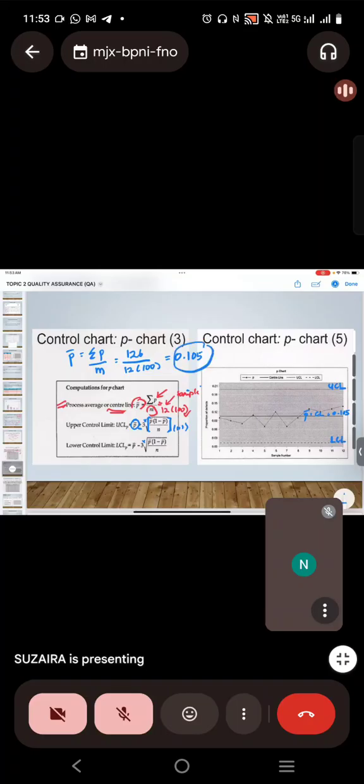So to calculate the UCL, it is equal to P bar plus 3 times the square root of P bar, you need to calculate, divided by N. N is 100. So try to calculate how many you get for the UCL and also the LCL.